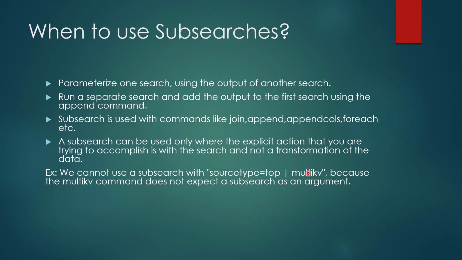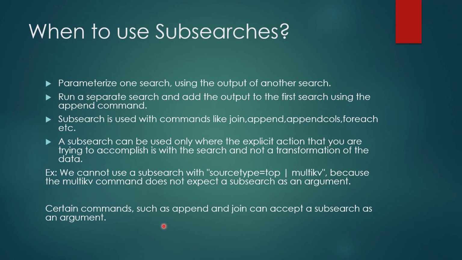If you try to use a sub search after that, it will not take it, because the multikv command does not expect a sub search as an argument. It is mostly used when you want to search something within the search. There are certain commands, as I told, such as append and join, that can accept a sub search. In those cases we can definitely use sub searches.